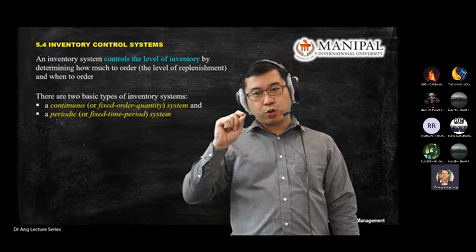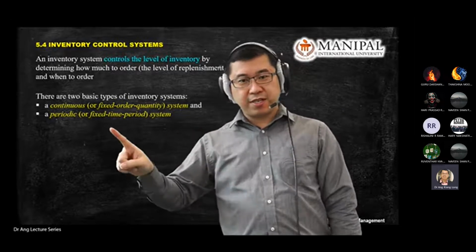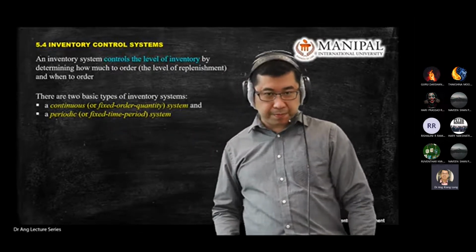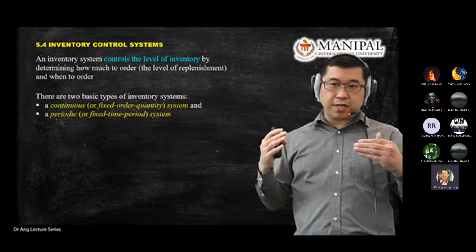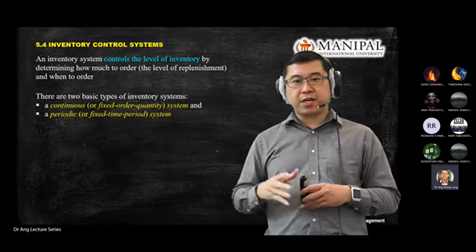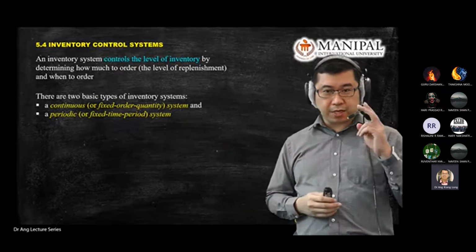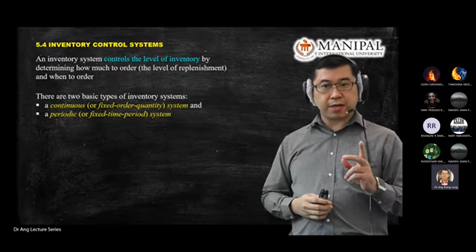The system will auto generate a purchase order after a certain amount of time. Okay, so at least you know the basics of inventory management. There are two systems, continuous and periodic.